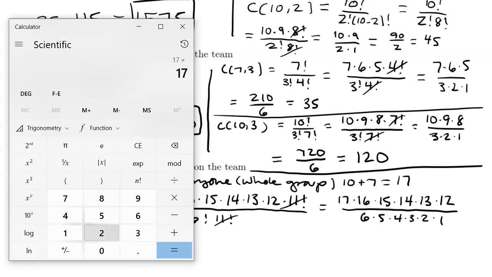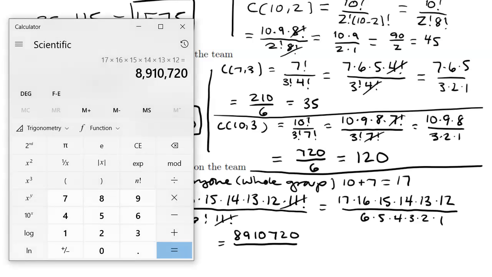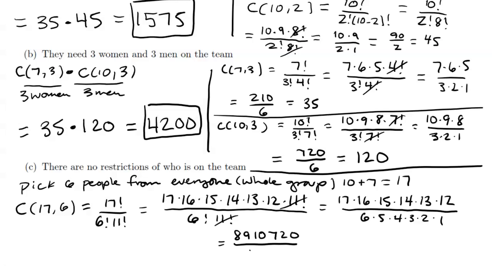So 17 times 16 times 15 times 14 times 13 times 12 is 8,910,720. And then we've got 6 factorial, 6 times 5 times 4 times 3 times 2 times 1 is 720.